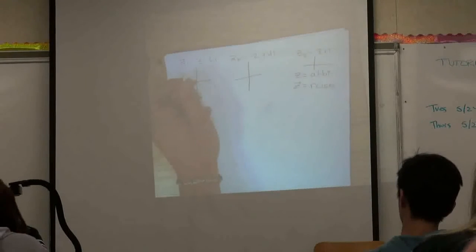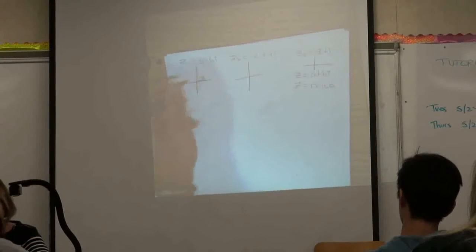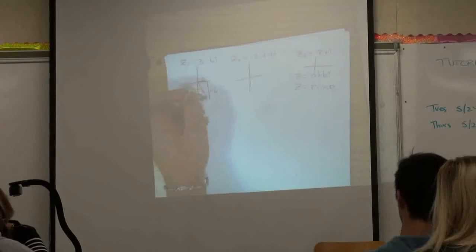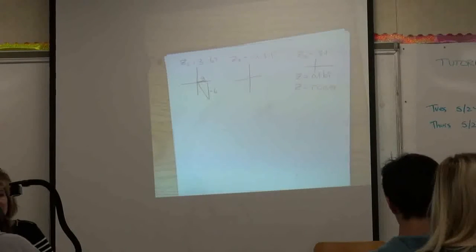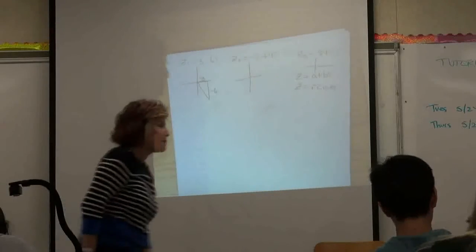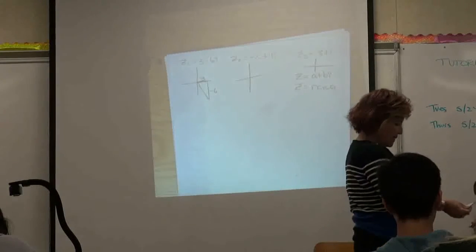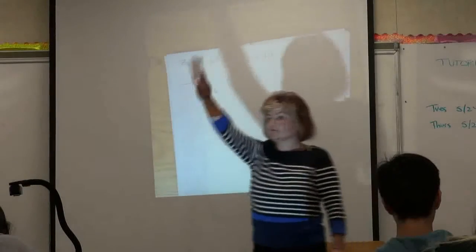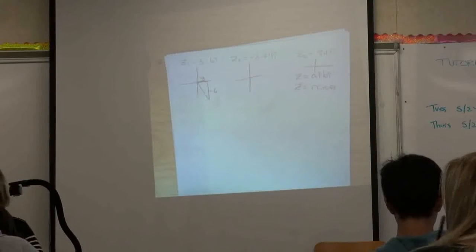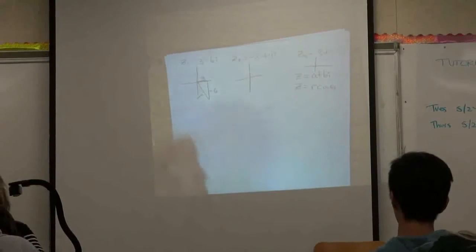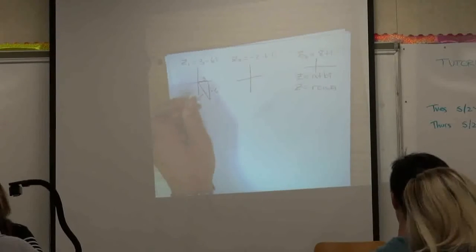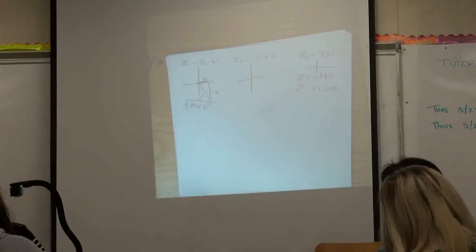So 3 minus 6i means we went right 3 and we went down 6, and then it's time to find the hypotenuse of this triangle. And so you take the square root of 3 squared plus negative 6 squared.